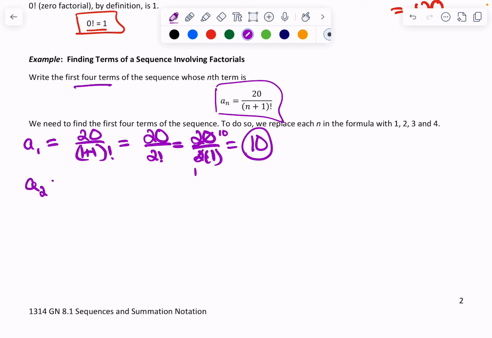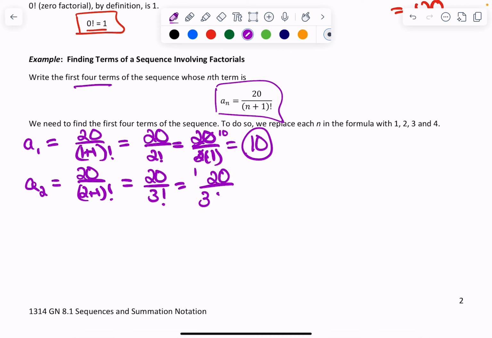Second term is going to be 20 over 2 plus 1 factorial. So 20 over 3 factorial, or 20 divided by 3 times 2 times 1.